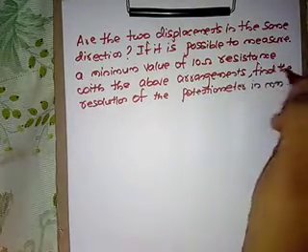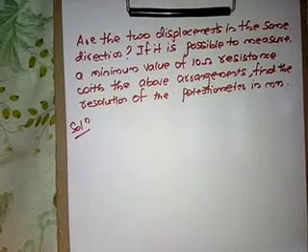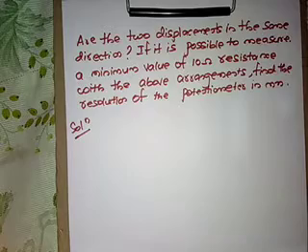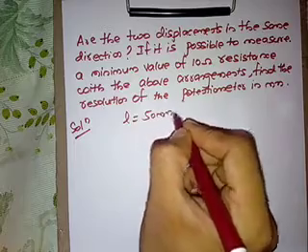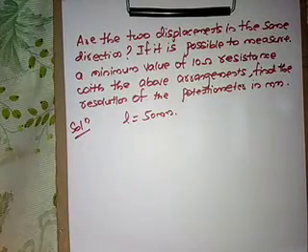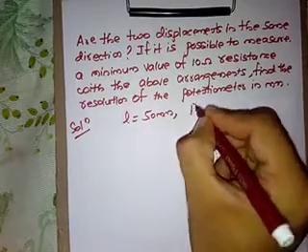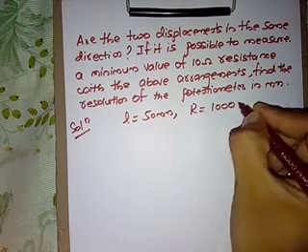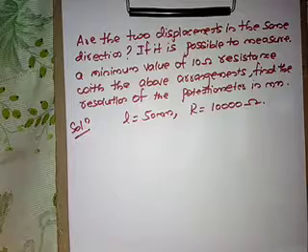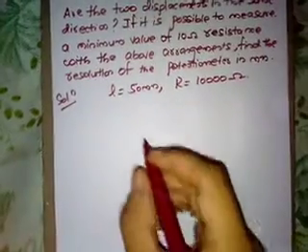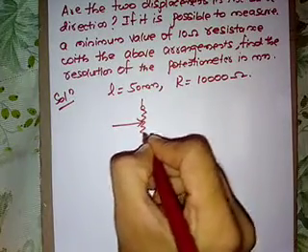Okay, so this is how we have to first write the given data. A linear resistance potentiometer is 50 millimeter long. L is given, length is 50 millimeter, and it is uniformly wound with wire having a resistance of 10,000 ohms. Initially the slider of the potentiometer is exactly at the center.